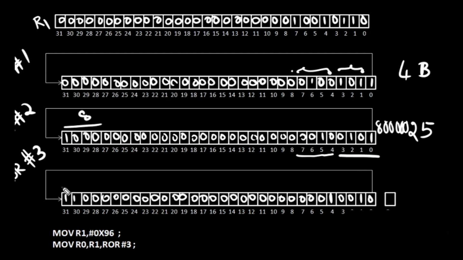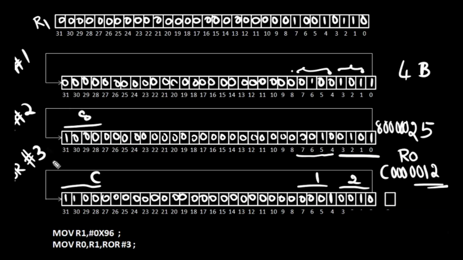So what is this? This is nothing but C. What is this? It is nothing but 2. This is 1. So 0 0 0 0 0 1 2. This is the answer which will be stored in the register R0.